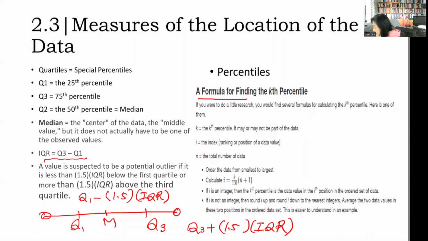Now the number 79 is the K. I is the index, the ranking or position of the data value. N is the total number of data. Then we need to sort the data in order from the smallest to the largest, and determine the index I. Follow the formula: K over 100 multiplied by N plus 1.